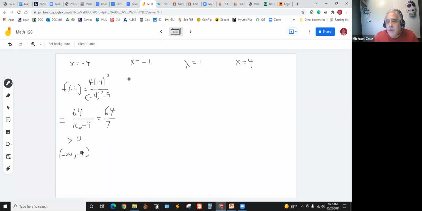Let's try f of -1. With the numerator, it's just 4.